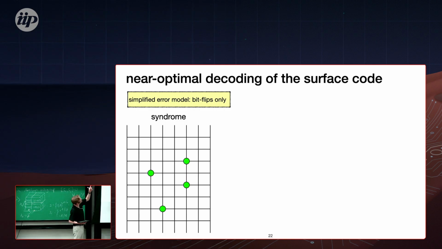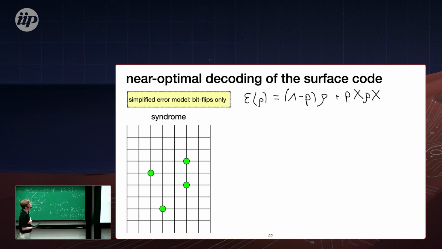I put as title for the slide near optimal decoding of the surface code. Now, when we think of how we decode, we always have to assume some kind of error model and some kind of strategy. So if I assume bit flips, and I for now also assume that on each single qubit we have this bit flip channel, that with 1 minus p, nothing happens, and with p we have a bit flip.